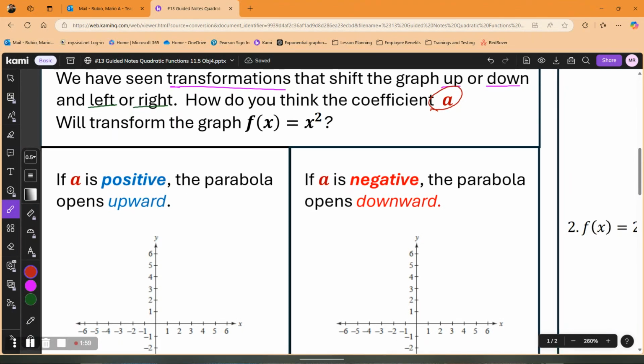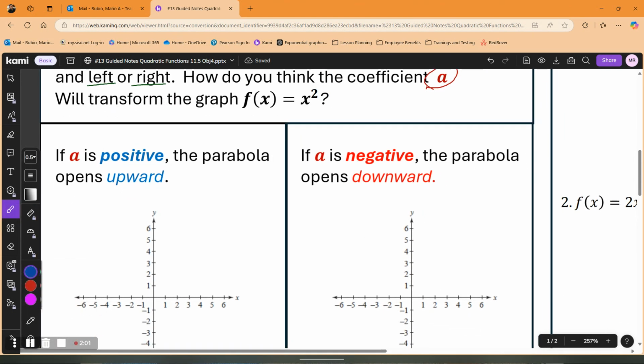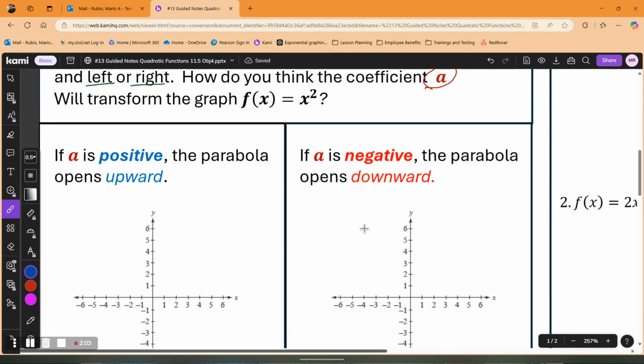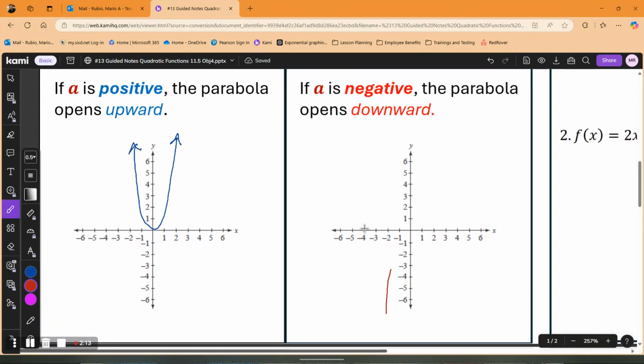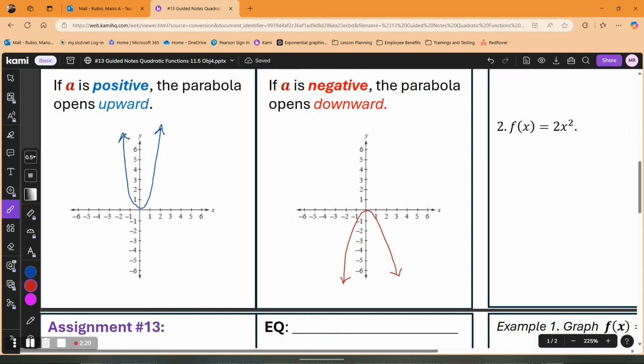If a is positive, our parabola is going to point upward. And if a is negative, our parabola is going to point downward. That's it. Positive up, negative down.